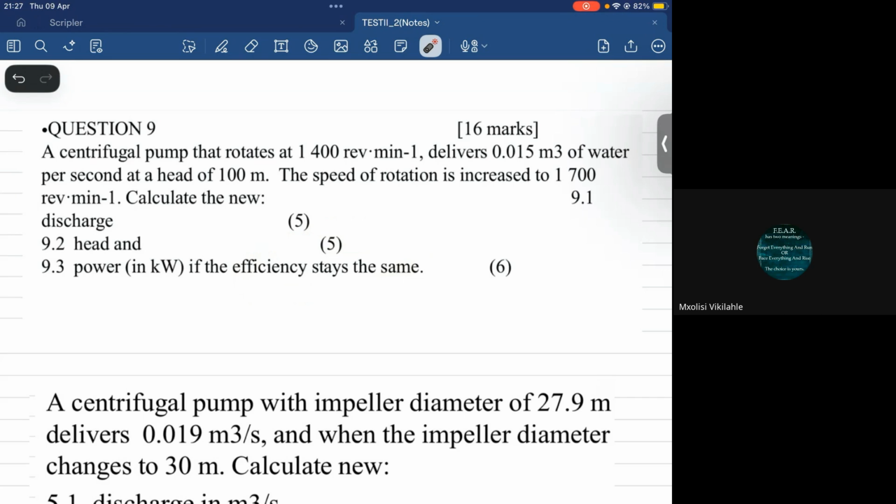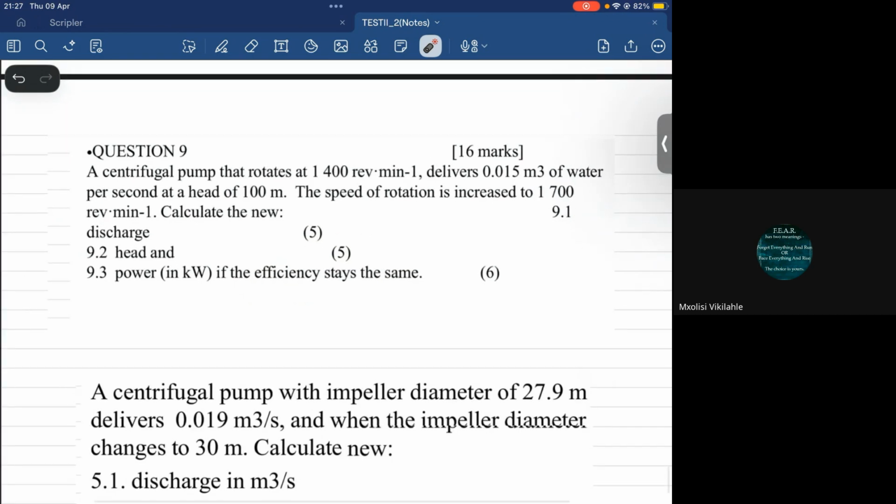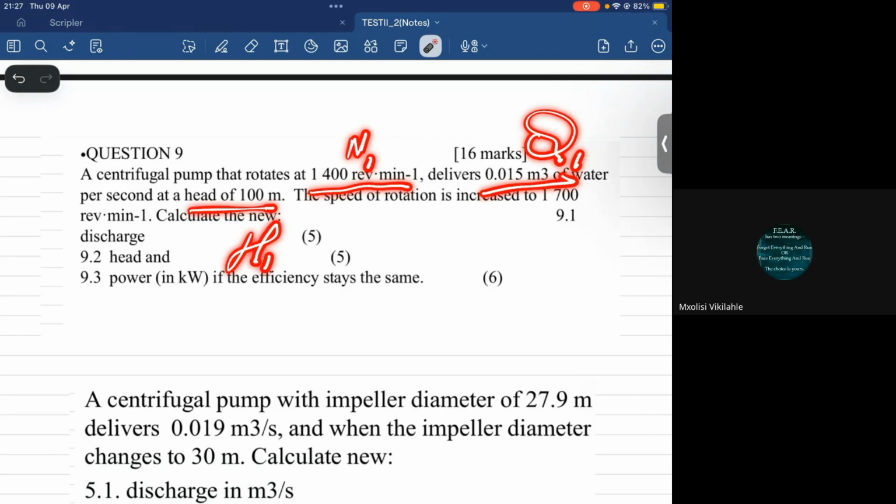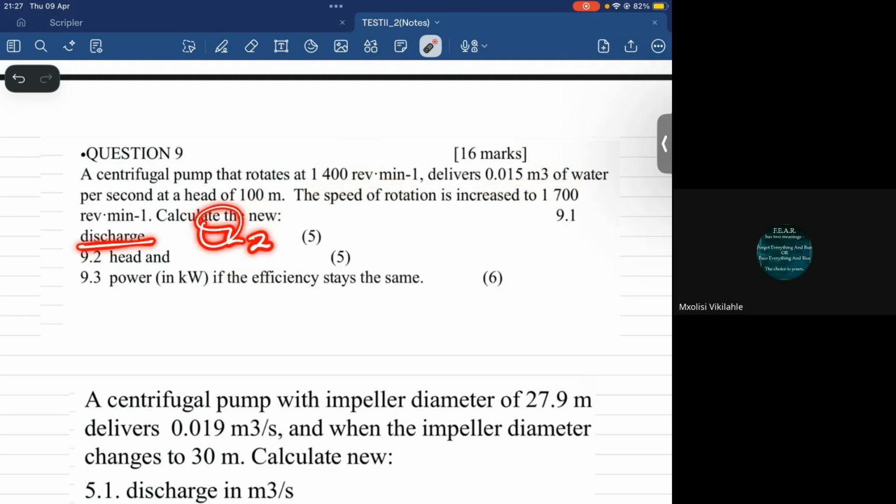Okay, so meaning that here we've got the impeller speed 1, capacity 1, as well as head 1. Here you must calculate the new discharge, meaning you must calculate Q2 as well as head 2 and power 2.